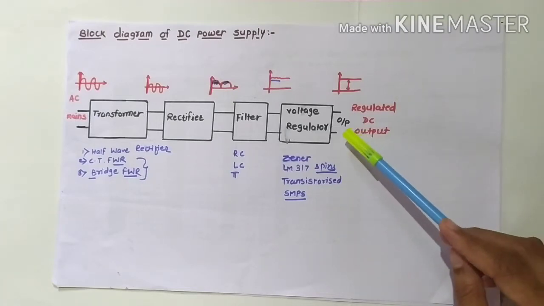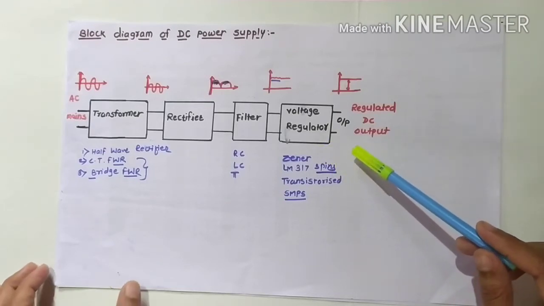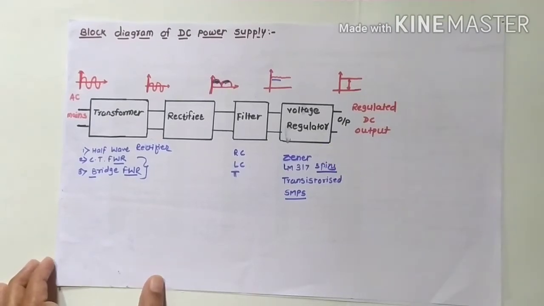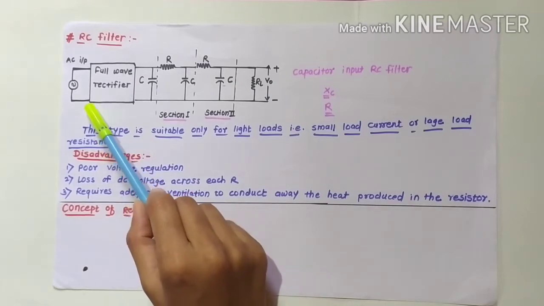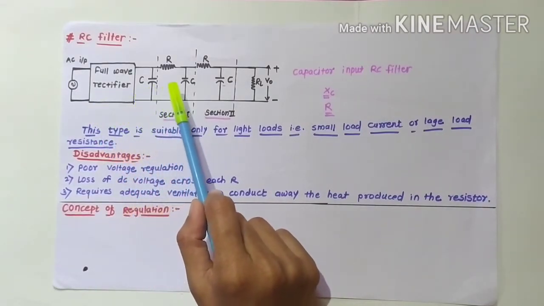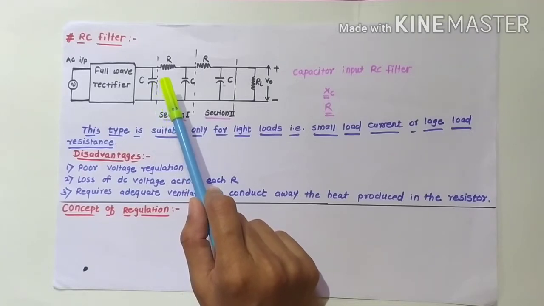Before starting voltage regulators, let us see what is meant by voltage regulation. In voltage regulation, when an unregulated power supply is used, ripples are filtered from the rectifier, and we get a sufficiently steady DC output.